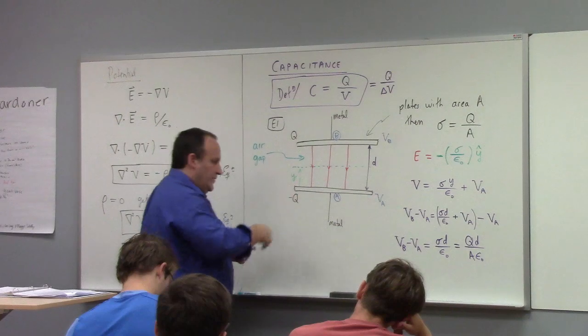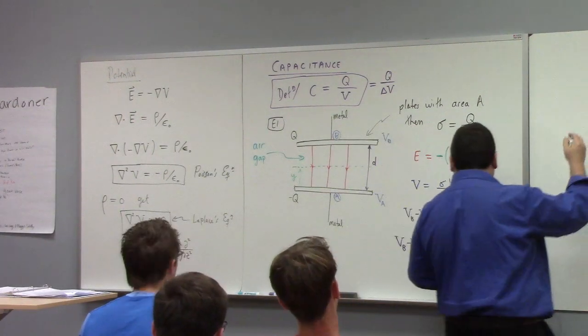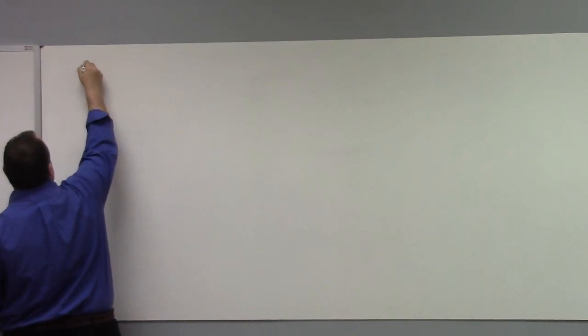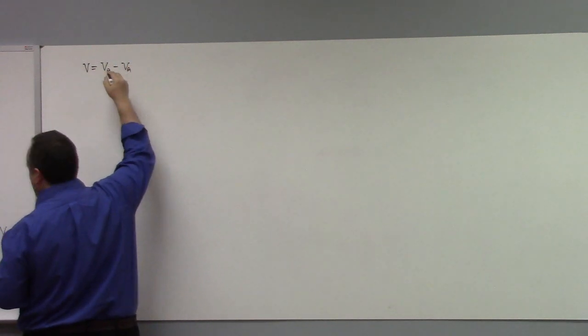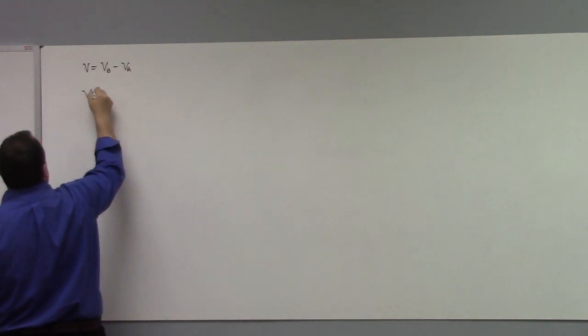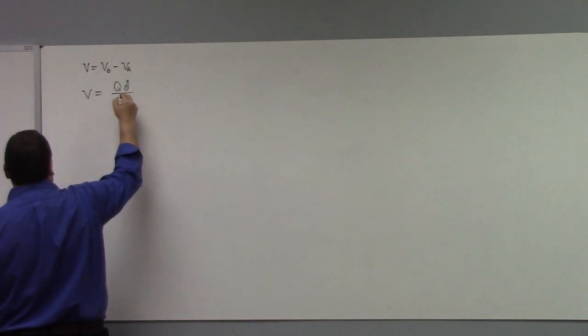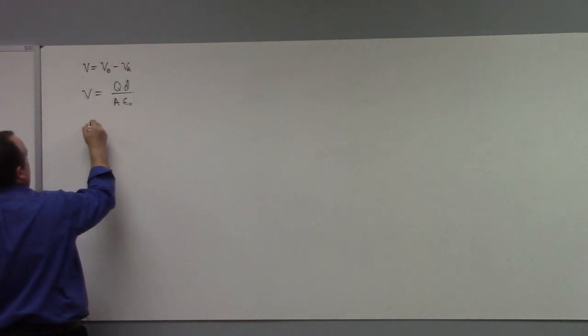So anyway, what formula did we just derive? We have found that if I say V is equal to VB minus VA, then we've got V is equal to QD over A epsilon naught. So therefore, Q over V is what?